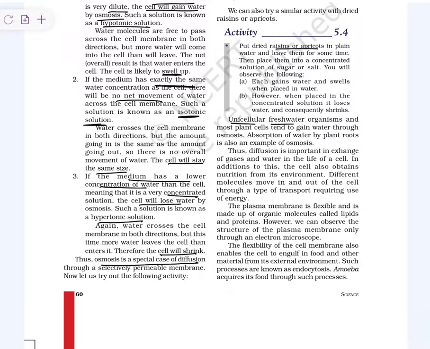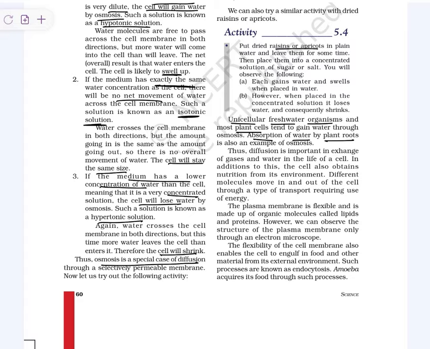Unicellular freshwater organisms and most plant cells tend to gain water through osmosis. So unicellular freshwater organisms also gain water through osmosis, and plant cells by absorption of water by plant roots. Through roots they absorb water, and these two are the example of osmosis.